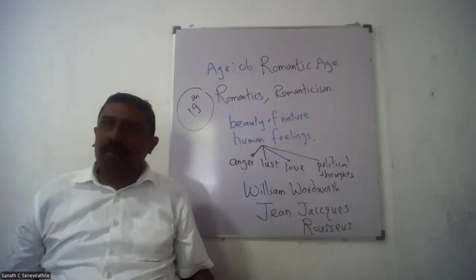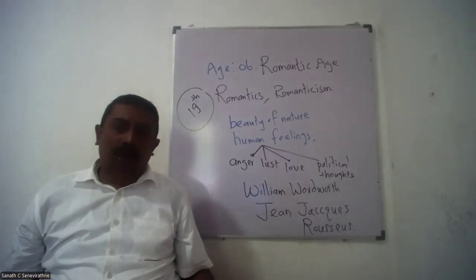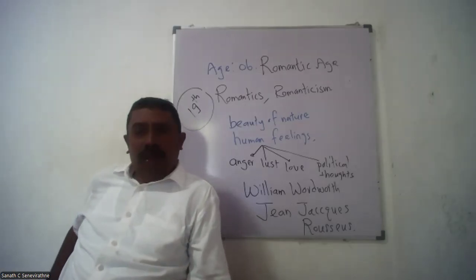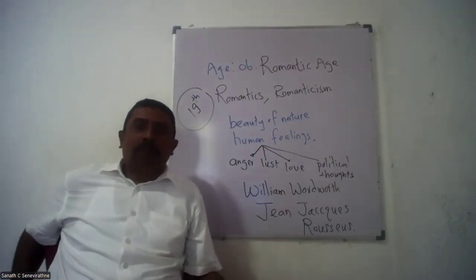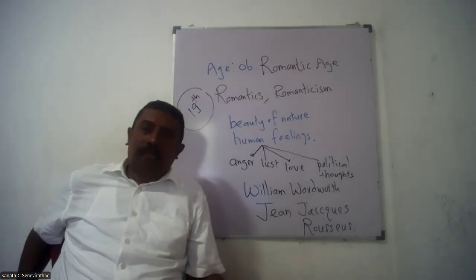People were emotionally damaged. They were hardworking, and they didn't pay attention to human feelings and the beauty of nature. Therefore, William Wordsworth started writing poems describing the beauty of nature and human feelings, so that he is called the father of romanticism in England.